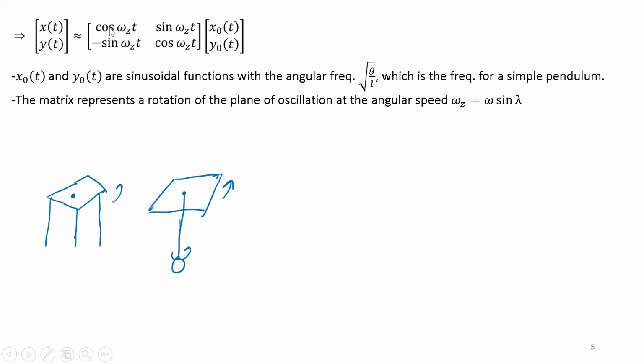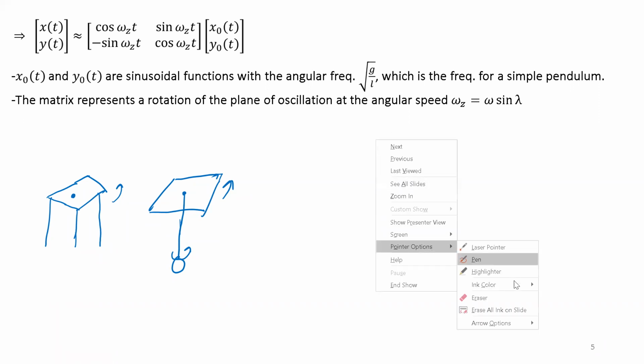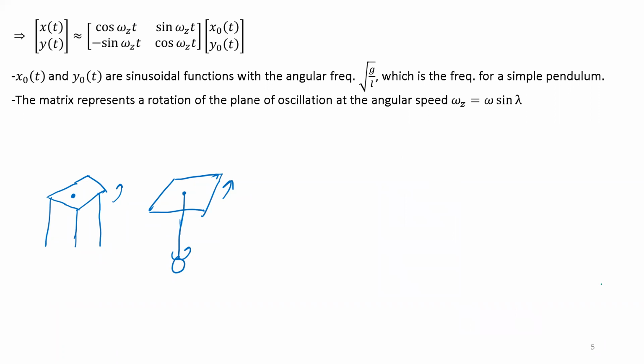So when you look at this matrix, it reminds you of a rotation matrix. Right? So this is exactly a rotation matrix. So if you have a pendulum without Earth rotation, if I just look at the behavior along the xy plane, you would say that the plane of oscillation will always be along a particular line like this, depending on your initial condition.